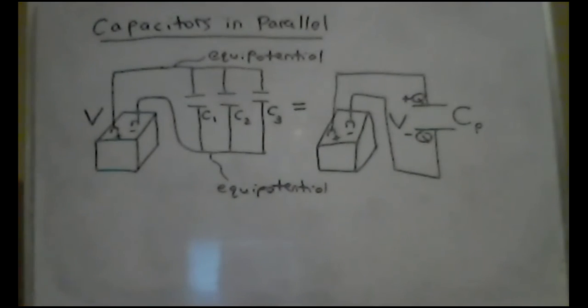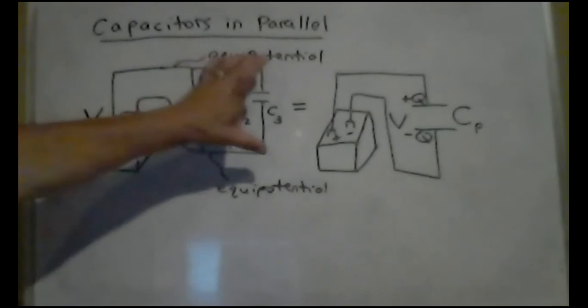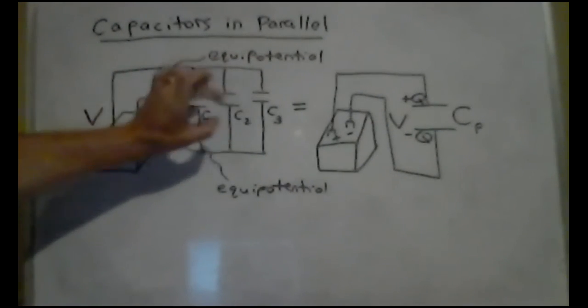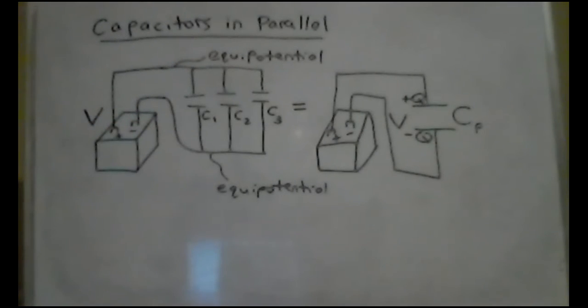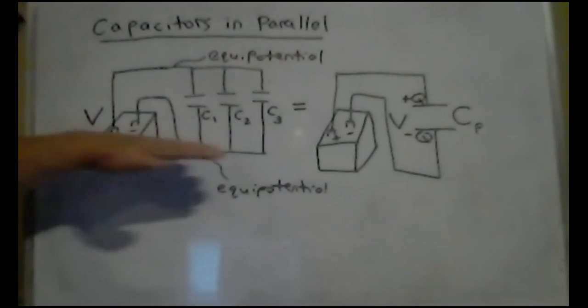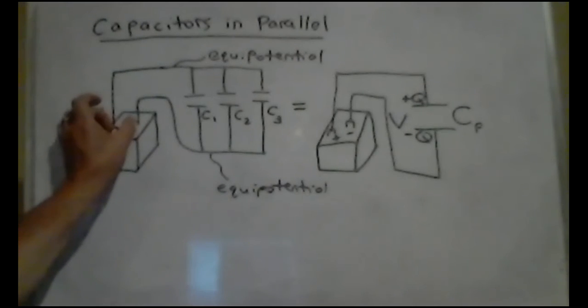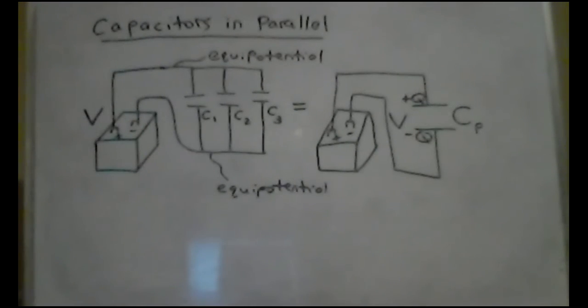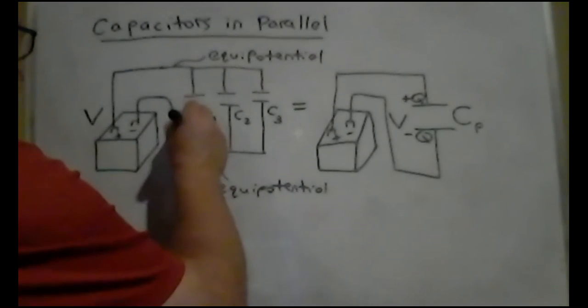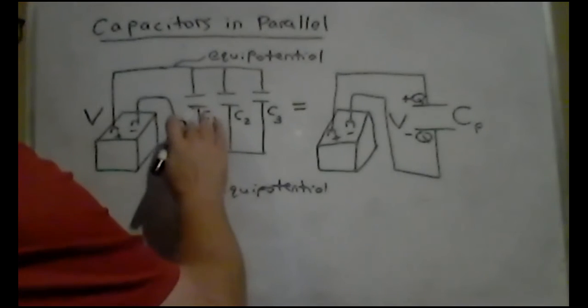That means that these two wires are connecting each of these capacitors, and each has the same potential difference across it. It's going from this constant potential to this constant potential all the way across. So each one of them has the same potential difference across them, and it's the same as the potential difference across the battery itself. So each one of these has a potential across it of V.